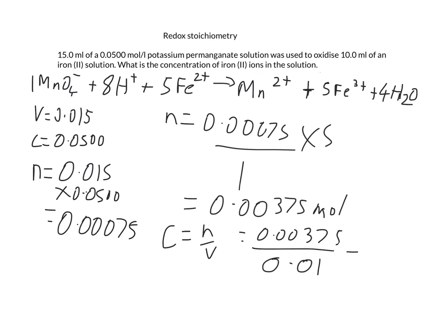In any case, when you divide this, what you should get is your concentration. And your concentration in this case is 0.375 moles per liter. And that should be in 3 significant figures because your values are in 3 significant figures as well.